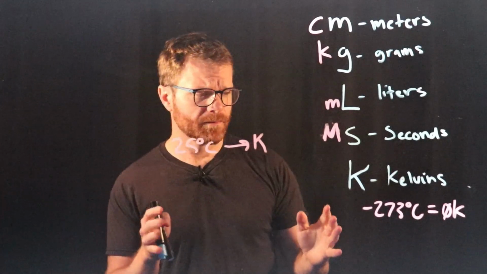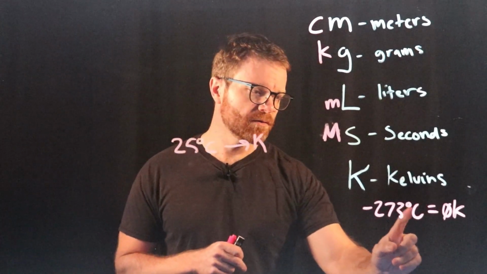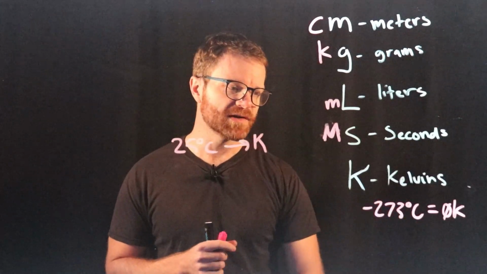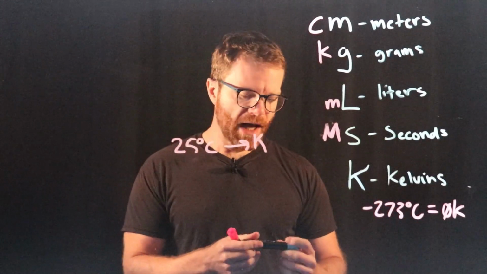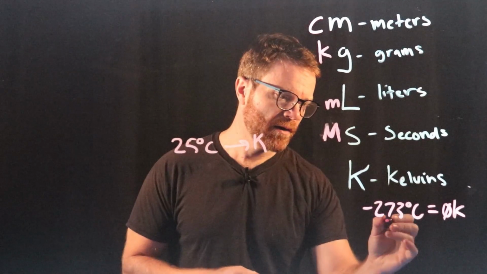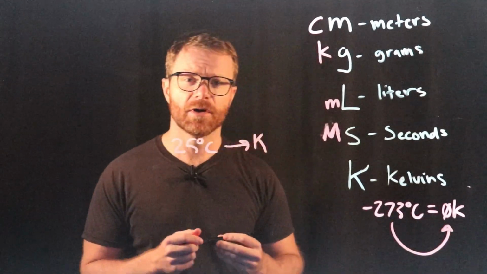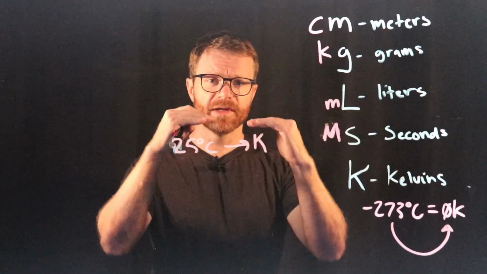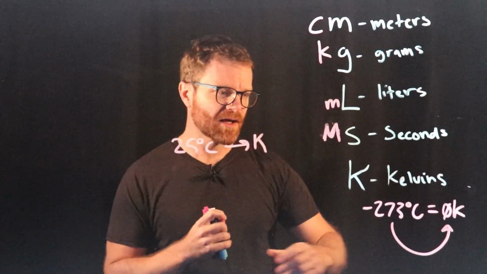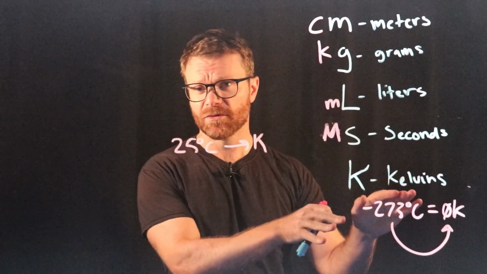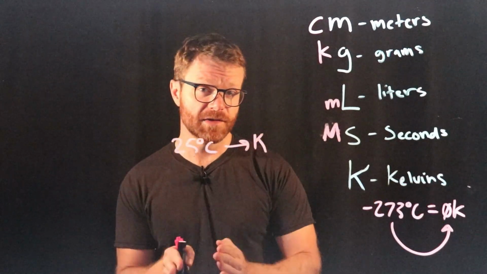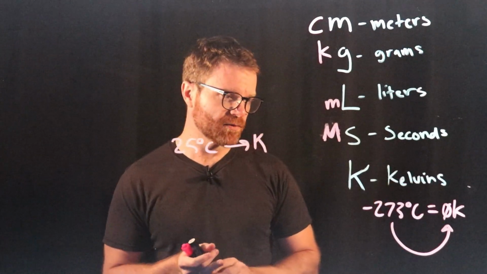Well, remember, zero kelvins is the same as negative 273 degrees Celsius. So how do you get from this temperature to that temperature? Now, it's important to know that each kelvin is exactly the same increment as each degree Celsius. Kelvins are basically the same as degrees Celsius. The only difference is they've been shifted down so that 0 is the coldest temperature possible.